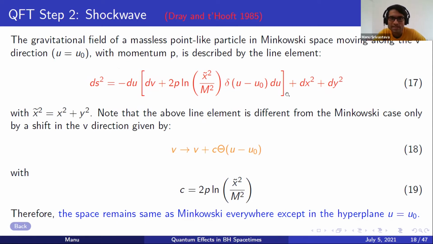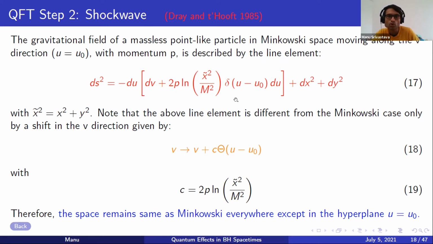If you look closely at 17, it is exactly the Minkowski metric, except for this term, which is in principle just a shift in the v direction, v going to v plus c times theta of u minus u naught, where c is related to the momentum of the massless particle. But what I want to highlight is that everywhere else except at u equal to u naught, this is just Minkowski space-time.